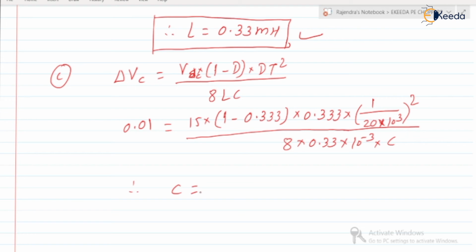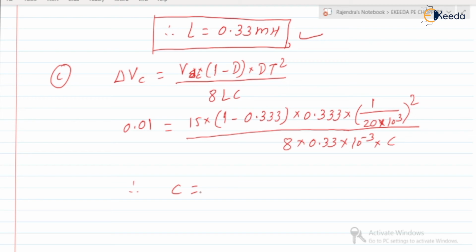15 into 1 minus 0.33 into 1000 divided by 8.33 to 10 to the power minus 20.